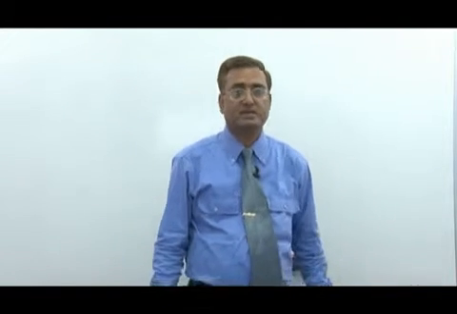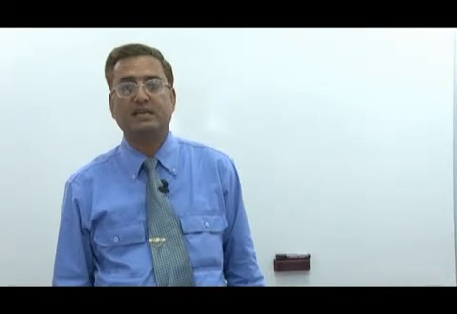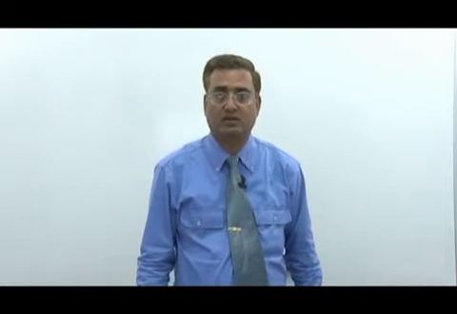So the Kronecker delta is defined as delta ij, which is a Kronecker delta. Delta ij is equal to 1 if i and j are the same. If i is equal to j, we take delta ij as 1, and we take it as 0 when i and j are not equal.